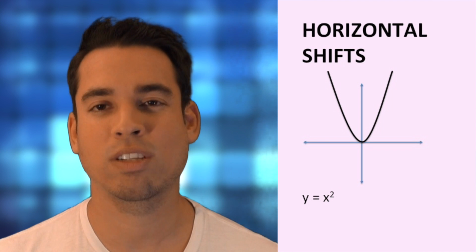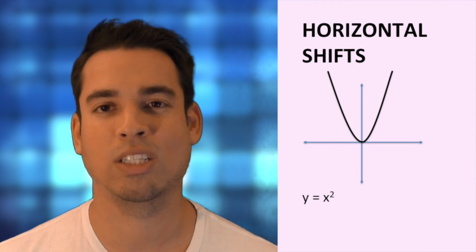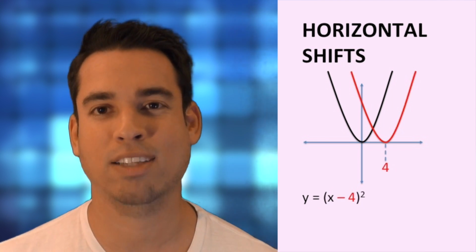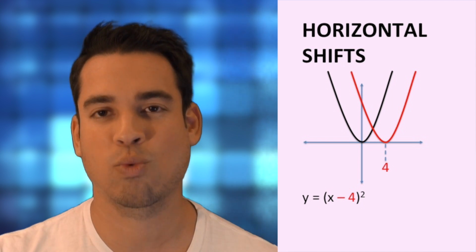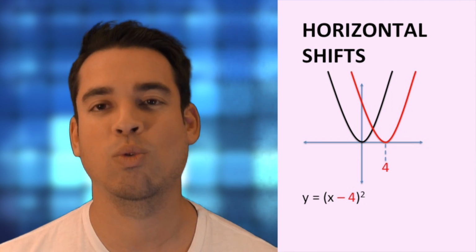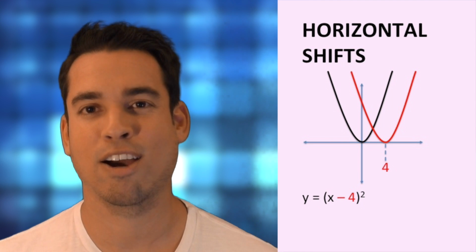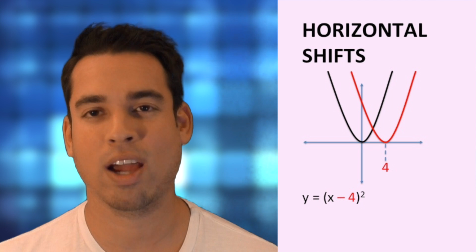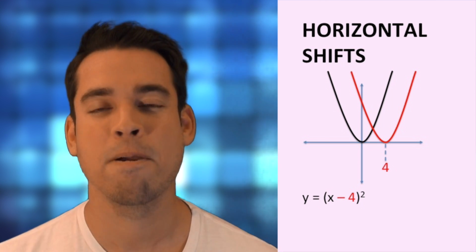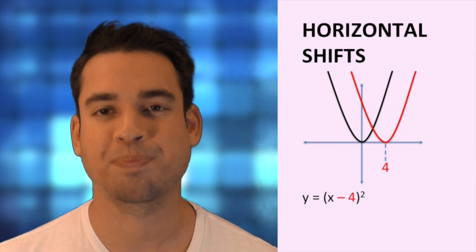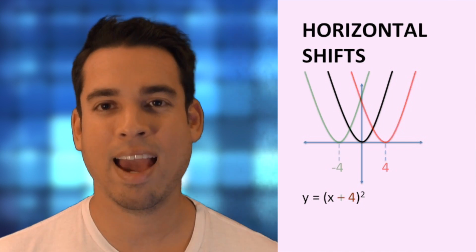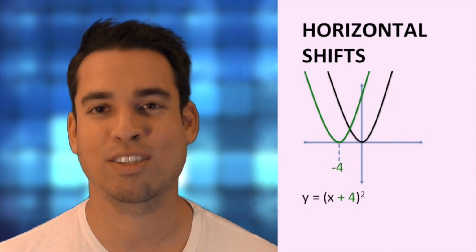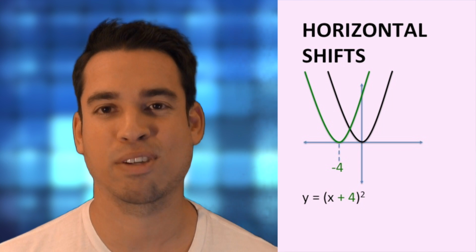So if we want a horizontal shift to the right of 4 units, we're actually going to subtract 4 within parentheses and square that entire piece, and that will lead to a shift to the right of 4 units. Now I know it's counterintuitive. You usually think that subtracting will be a shift to the negative, but in this case it's the opposite. And likewise, if we added 4 within the parentheses, it would constitute a shift to the left of 4 units.